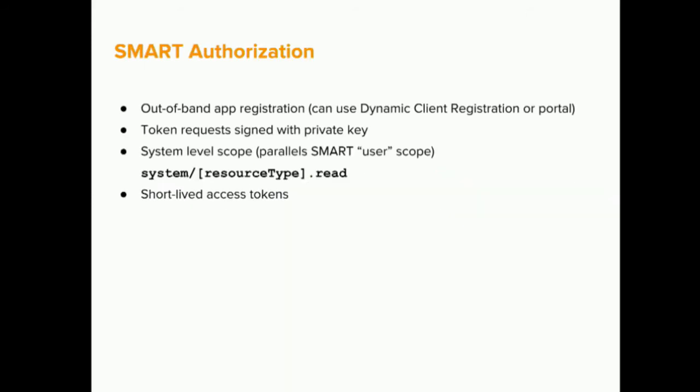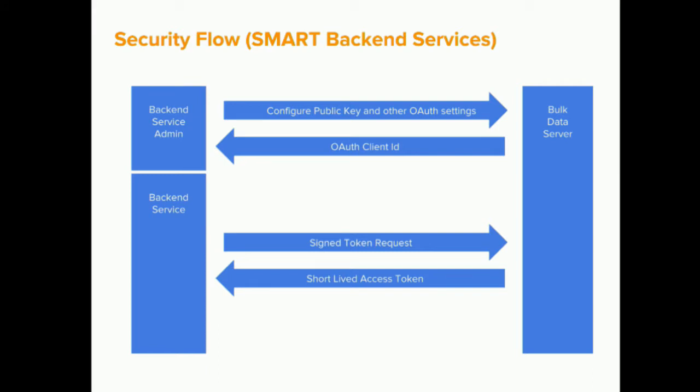In terms of authorization, I'm not going to talk about that too much in the interest of time, and it's also moving very fast. But the idea is really that it's public key authentication using an OAuth profile that Josh worked on for SMART, and that's currently getting a lot of community input. You pre-register either a public key or a location for the public key, where you can do key rotation.